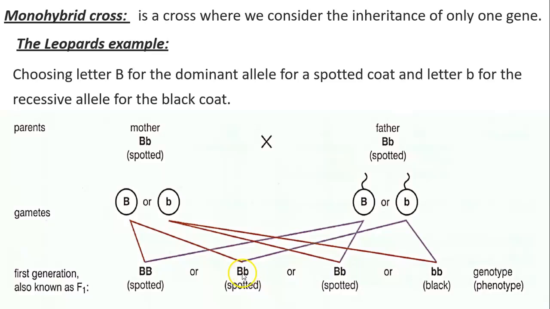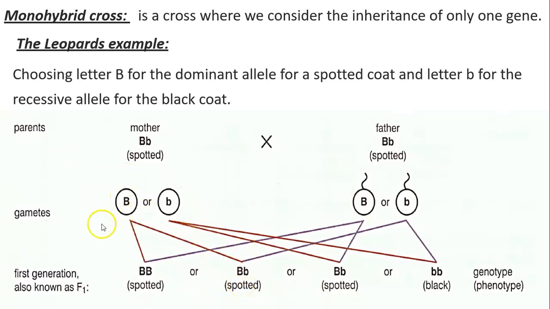So now we have one dominant allele and one recessive allele. What do dominant and recessive make together? They make a heterozygous genotype, or a mixed genotype. What will appear in the phenotype will be only the trait of the dominant allele. So we will see again a spotted leopard.